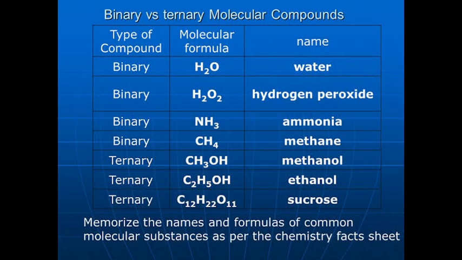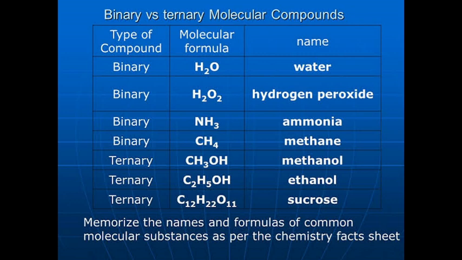These are the following examples of binary compounds and ternary compounds. In binary compounds, we have the molecular formula of water. We have two elements here, hydrogen and oxygen. Another example of a binary compound is H2O2, hydrogen peroxide.